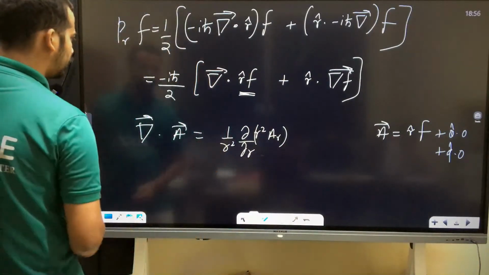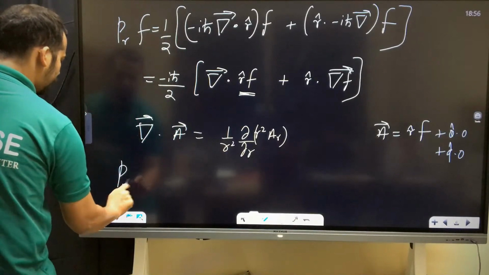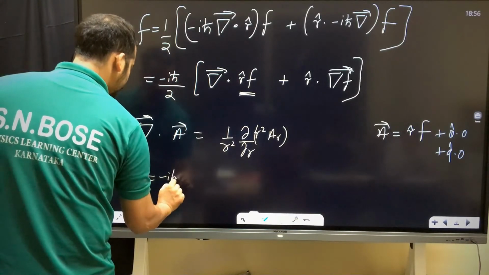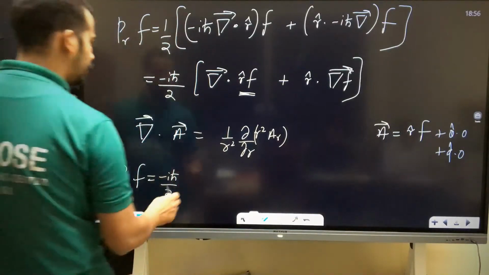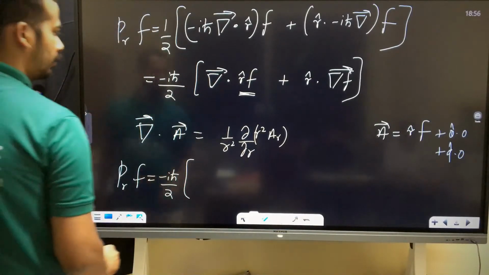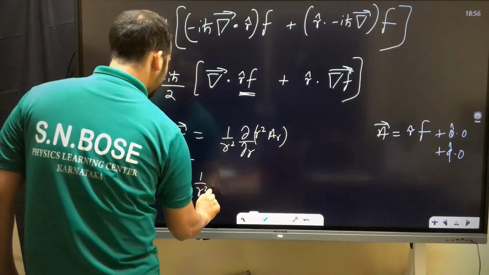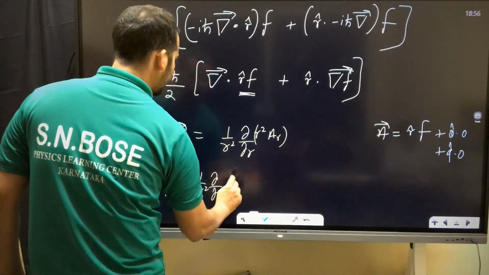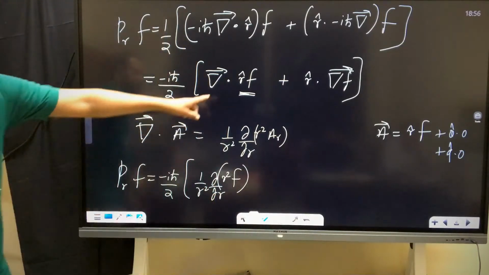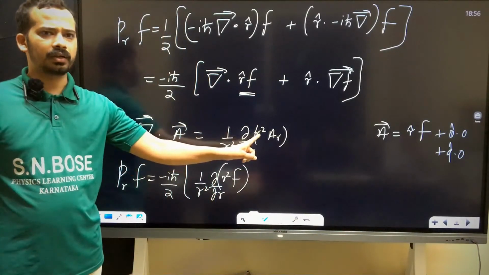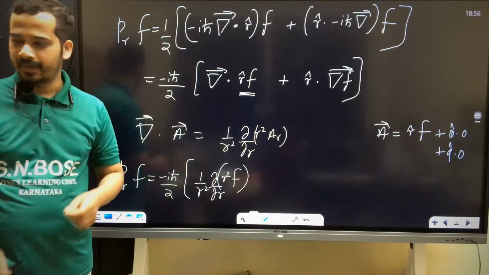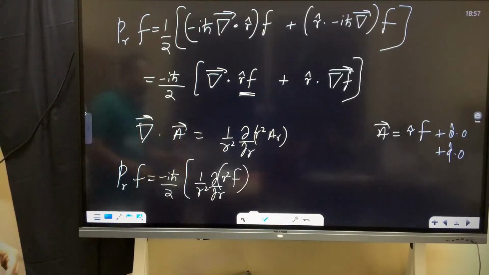If this is right, then pr into f is equal to minus i h bar by 2, minus i h bar by 2 times this whole thing, 1 by r square, del by del r of r square into f. This whole factor. Are you sure r square or r? Check that out if you are holding Griffiths.